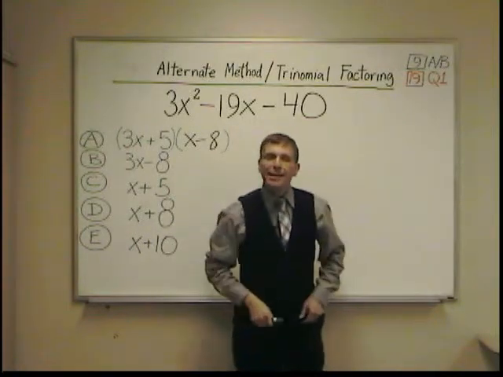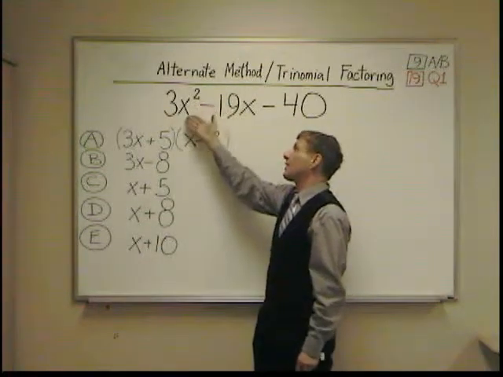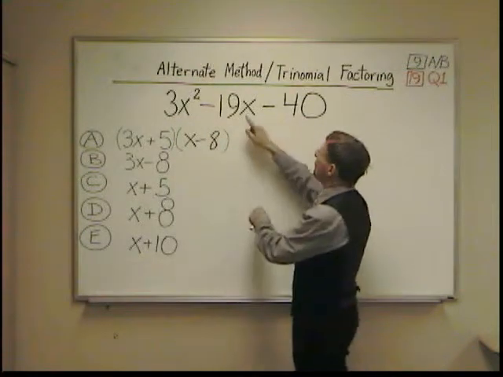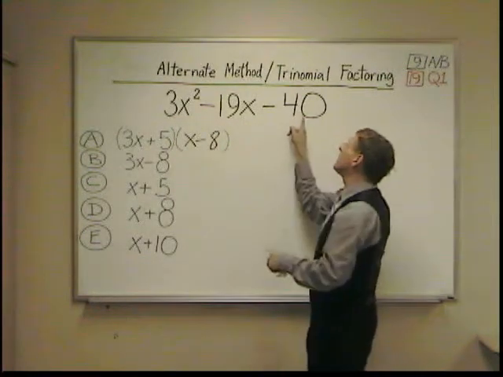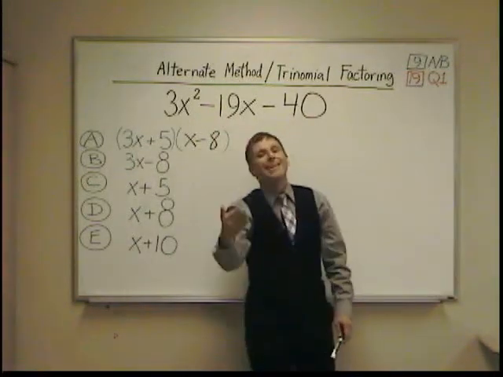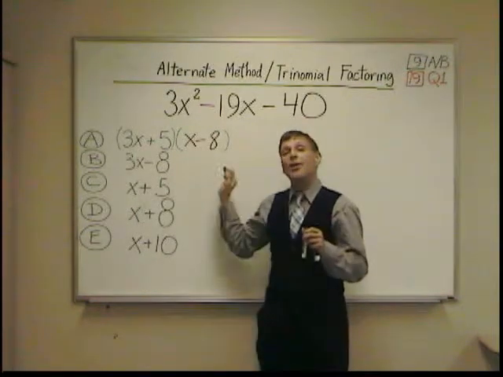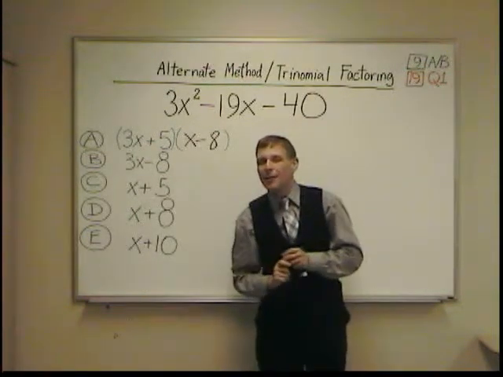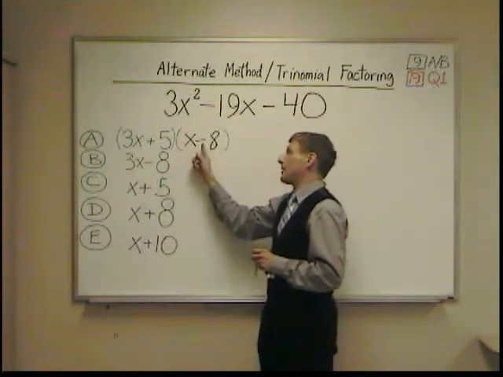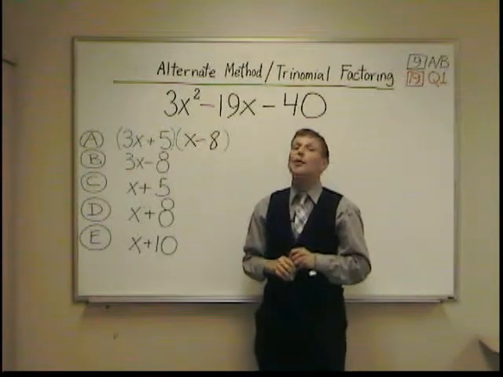This is a backdoor method. Again, if you had a lead number of just x, no number before it, then you would simply be looking for two numbers that add to the middle and multiply to the last. But because there's a 3 here, you can't do it that way. So if you could figure out the other factor by determining what multiplies by 40 and knowing your signs, then you could FOIL back the right answer.